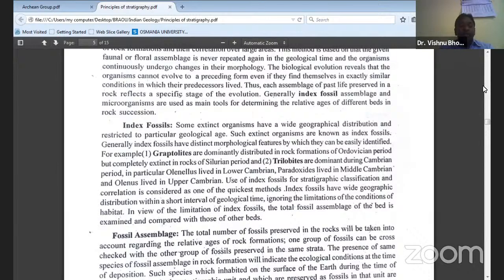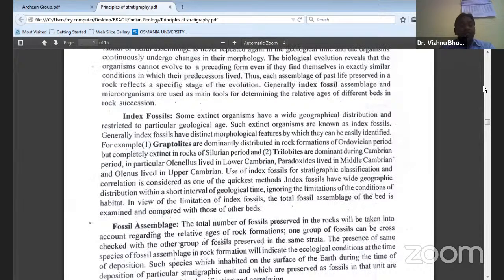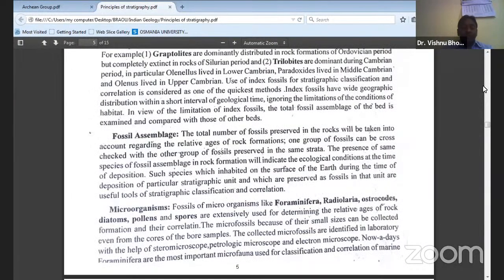And one more best example is trilobites. Trilobites actually dominated in the Cambrian period, and when you come to the Varanus lived, it is lower Cambrian. Yesterday we all discussed this. And fossil assemblages also: the total number of fossils preserved in the rocks give information about the relative age of rock formations.